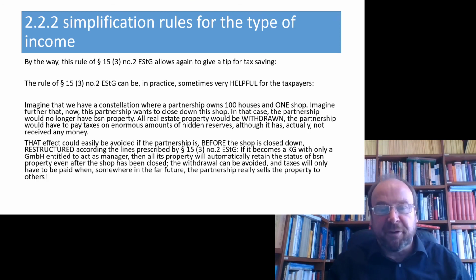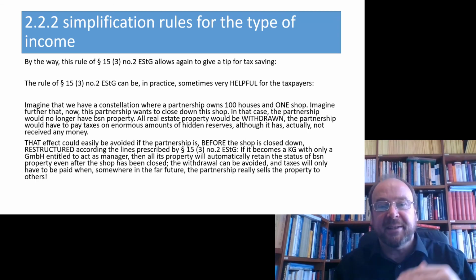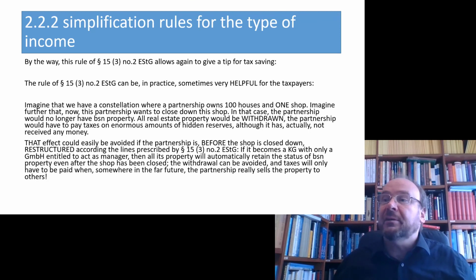So you can avoid the withdrawal of all the property, can live happily ever after, and you will only have to pay taxes on the gain from the houses when you really sell them far away in the future, and that would naturally be great.